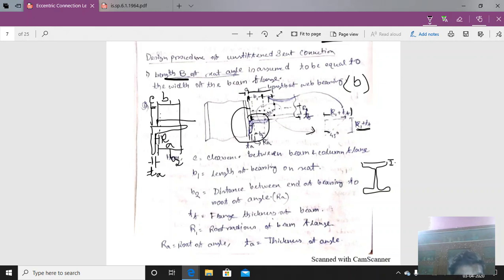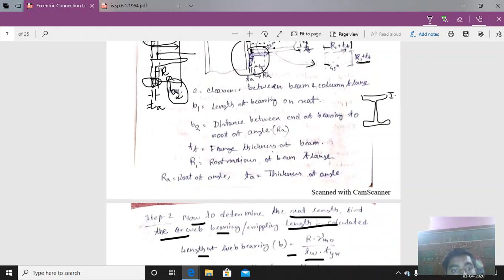This is the total distance of B1 plus C; if from here we subtract the thickness of the angle and this root length from the total, we can get the value of B2.